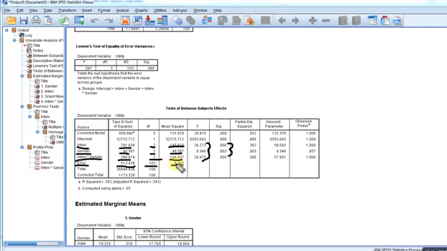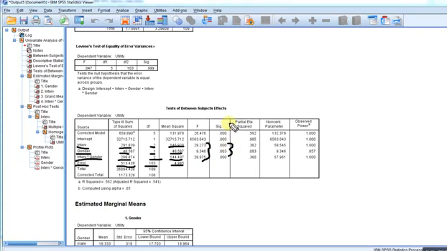The F value for intervention is the mean square for intervention divided by the mean square error. For gender, it's mean square for gender divided by mean square error. And for the interaction effect, it's mean square for the interaction divided by mean square error. So these are all the F values printed out here.